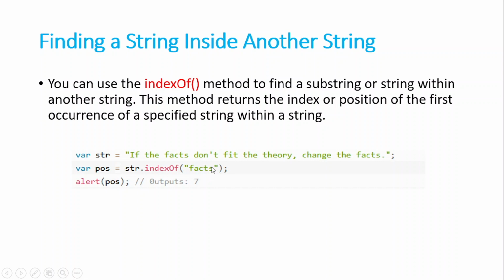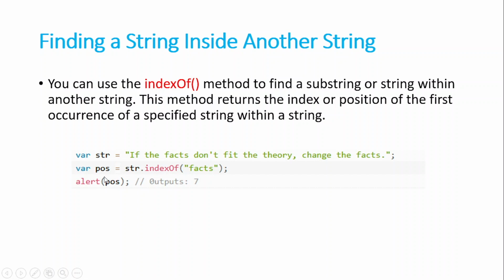So if we pass a word here, let's say facts, it will search in the complete string and find the first matching string where it is starting. It matched here, so it will give the index of this f character. Now if we count, it will be 0, 1, space, 2, 3, 4, 5, 6, and the seventh one is this f.